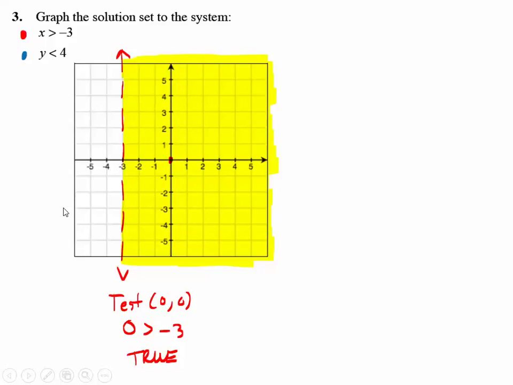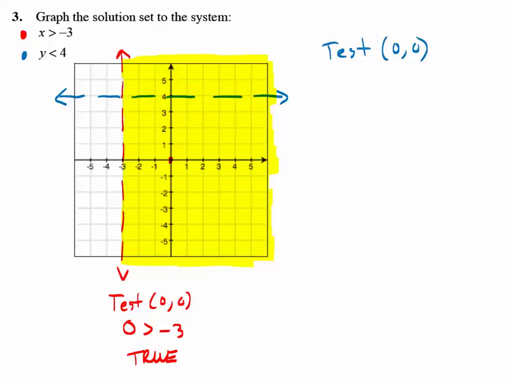y is less than 4, and again, with the less than or greater than for y, it's a lot easier, right? So hopefully another dashed line. Hopefully did not put a solid line in there. And this one's pretty easy. If you have less than 4, you know you're going to go lower, because the y values are all the vertical indications here.